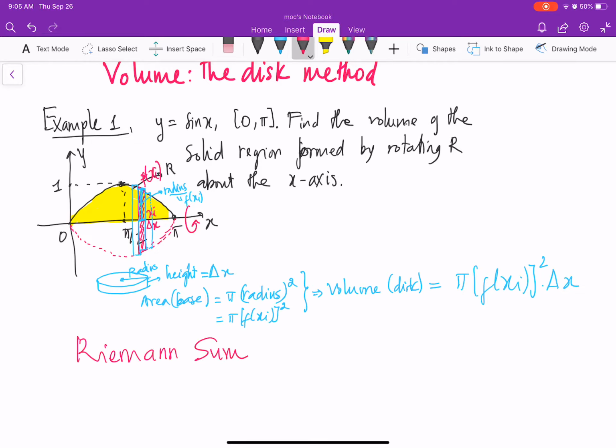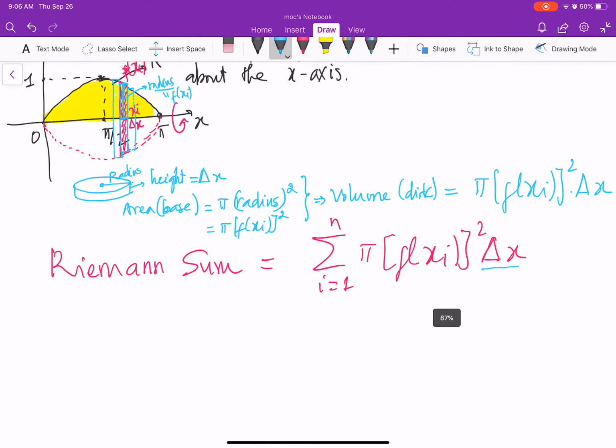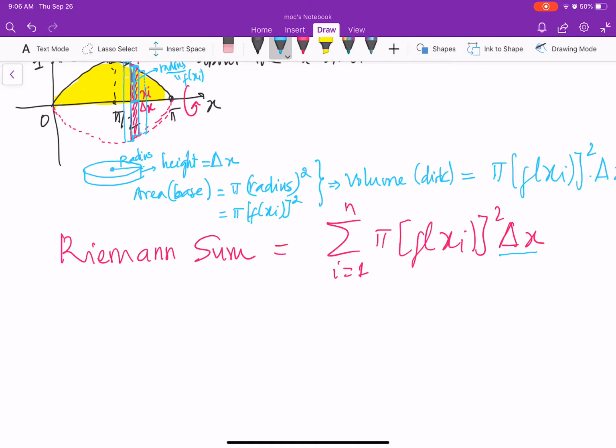I get some Riemann sum. That Riemann sum is equal to the sum from 1 to n of pi f of xi squared delta x. You see, we have sum from 1 to n because we split the interval 0 to pi into n subintervals, let's say of the same width, delta x. And then we will consider some limit process. And finally, I will get the exact volume of our solid region.